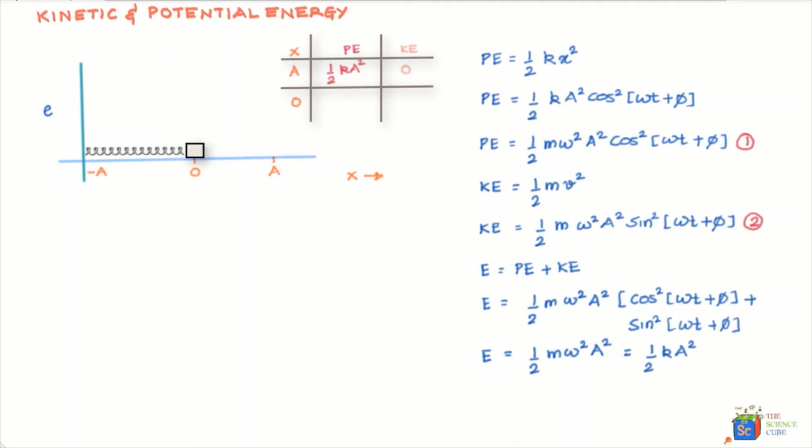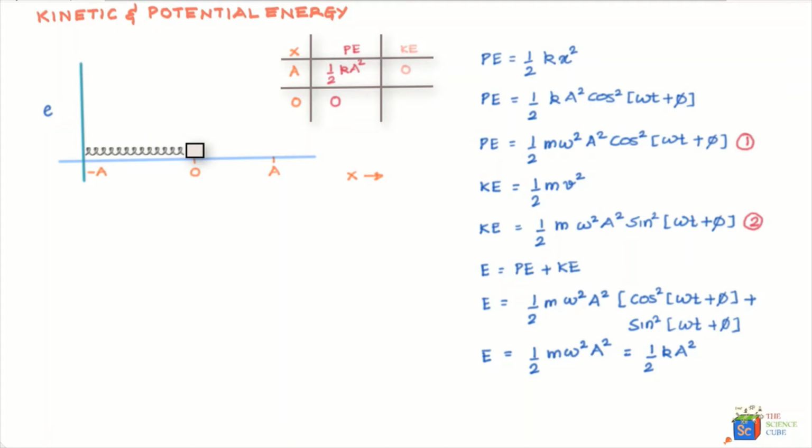Total energy is only potential energy. At point O, we have potential energy 0, and all the energy is in the form of kinetic energy.